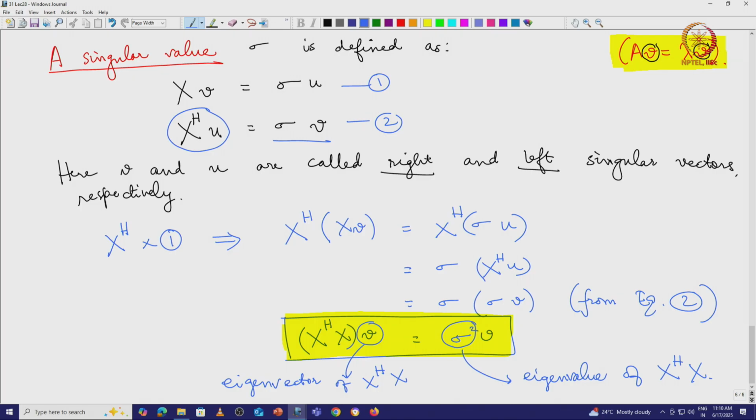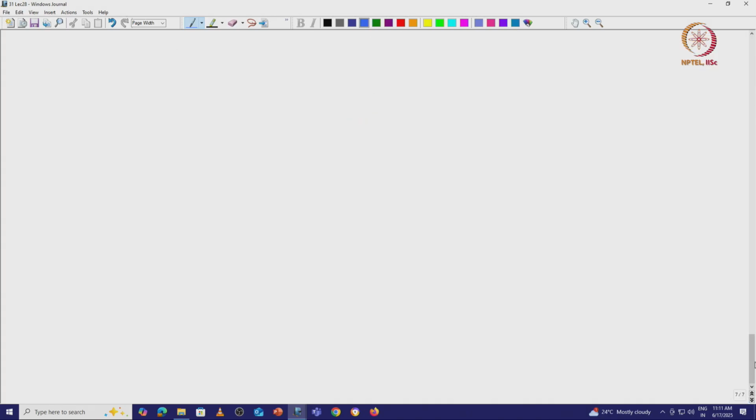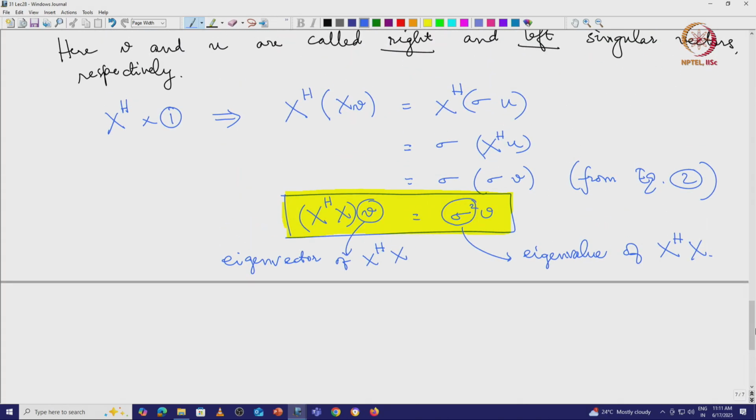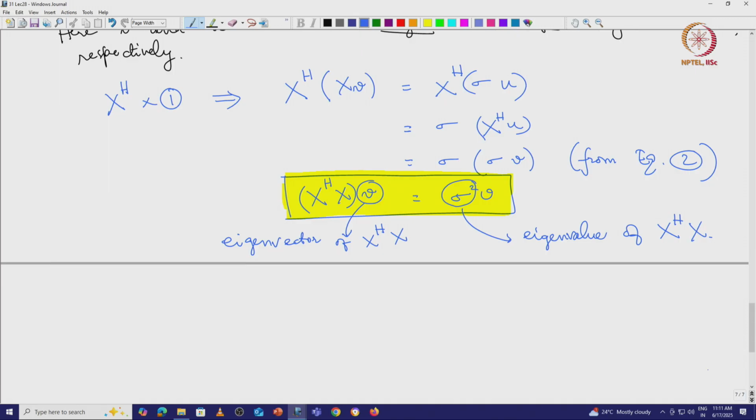We have demonstrated a link between singular value decomposition and eigen decomposition. So, singular value decomposition of X is equivalent to the eigen decomposition of X Hermitian X. And if you go back and remember what happens in PCA, we are doing eigen decomposition of X transpose X. Now, if X is a real matrix, then X Hermitian transpose and X transpose are one and the same thing. So, I hope you are seeing where I am getting to.